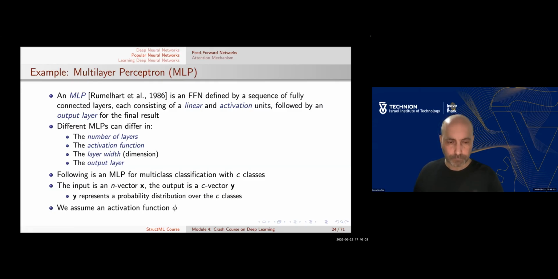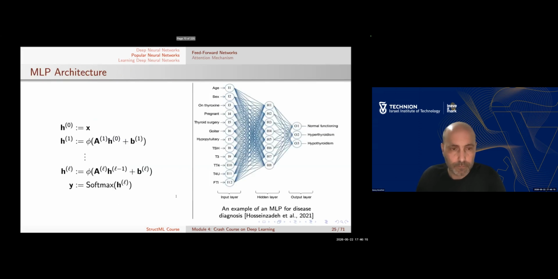Now we assume that there's an activation function phi, and this can be any one of the functions that we've seen before, like ReLU. So this is the definition, very simple. The first layer H0 is X. The next layer H1 is simply a linear transformation of the previous layer, followed by the activation. Same for H2, same for HL.